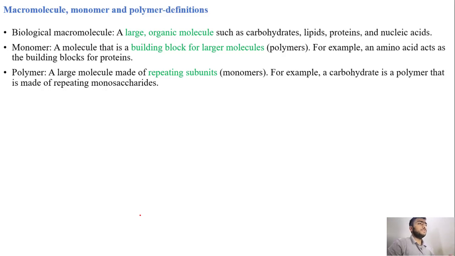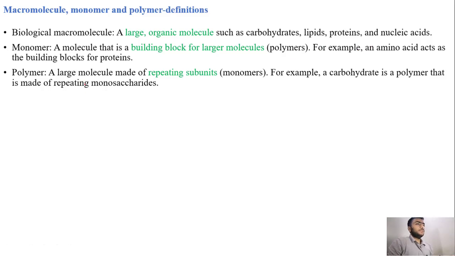So macromolecule, monomer, just a minute. So yes, biological macromolecules are large organic molecules such as carbohydrates, lipids, proteins and nucleic acids.